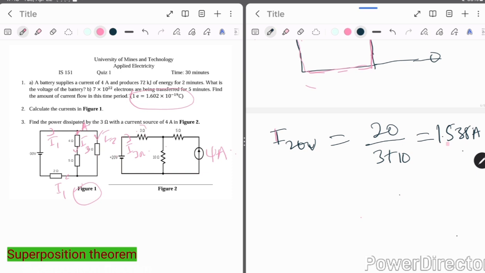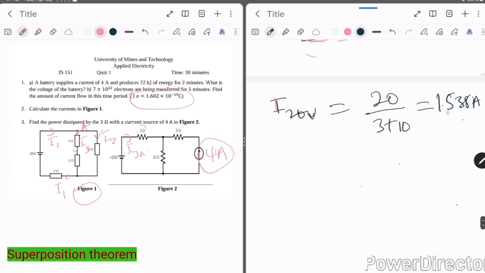Now you go and try to find the current due to the 4 amps acting alone. So again, we are going to make the other source 0, and since here we are dealing with a voltage source, to make it 0 we short circuit, meaning you just connect a wire, and as a result the voltage there becomes 0.